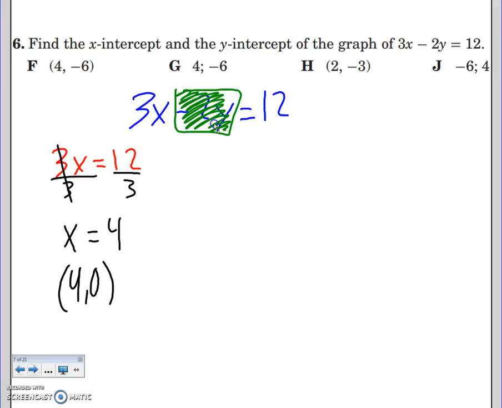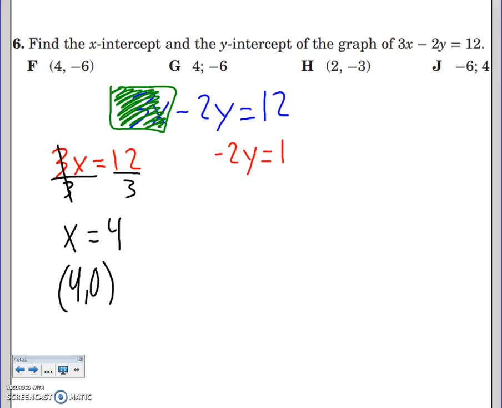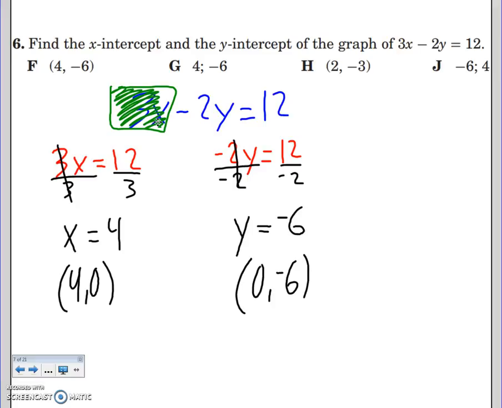Okay, now I'm going to solve for the y part. Keep the sign, cover the x part. -2y equals 12. Algebra says divide both sides by -2. Y equals -6, or if I need the coordinate, it'll be 0, -6. Now their answer choices, let's see. The first one's the coordinate, 4, -6. That's wrong. We don't want that.